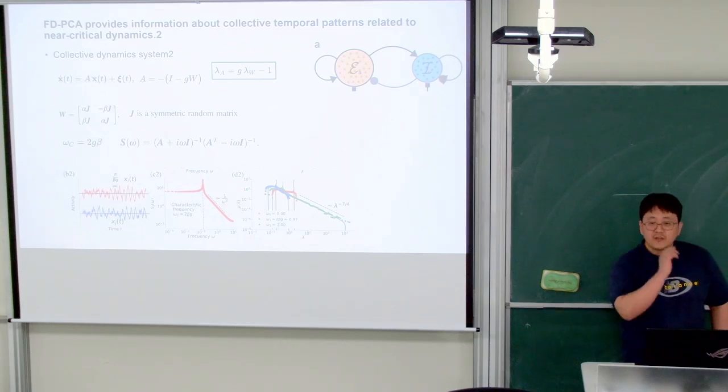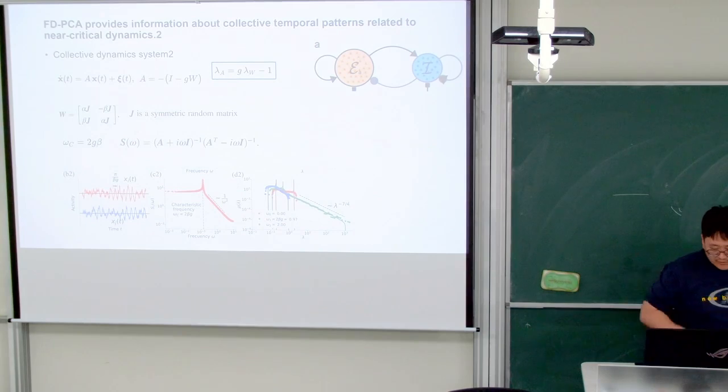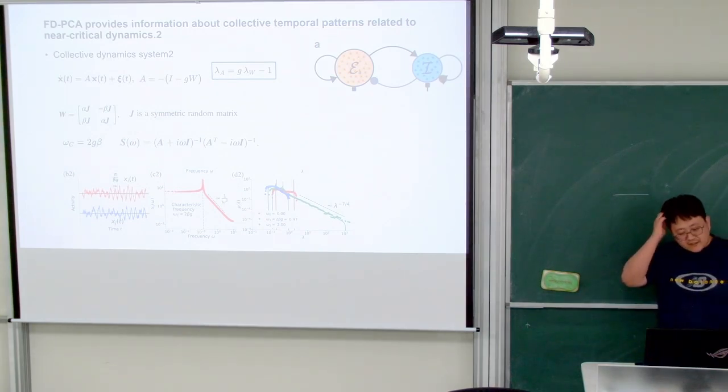So that means if we obtain the eigenvalue profile from the FD covariance, then we can infer the dynamics according to the omega. Actually, that is the key point of this work.